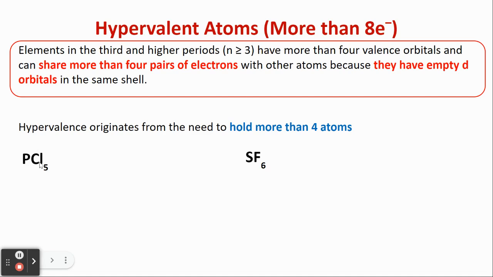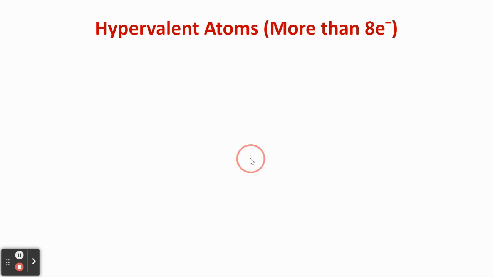That means there are 5 single bonds, which would be 10 electrons around phosphorus. Or if we were to look at SF6, we've got 6 fluorines bonded to sulfur. That's a total of 12 electrons on sulfur, which is more than that typical 8 that makes an atom stable.